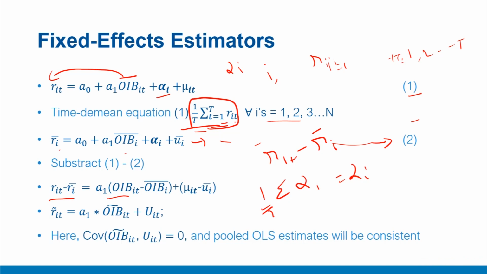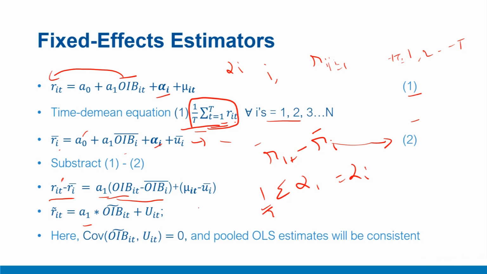Therefore, in this subtraction process, terms like alpha i and alpha naught that are time invariant will be eliminated. The resulting equation, RIT minus RI bar equal to A1 times OIB IT minus OIB I bar, plus error terms, that is mu IT minus mu I bar, can also be represented with a tilde. So we replace this with a tilde and write RIT tilde equal to A1 times OIB tilde IT plus the error term.